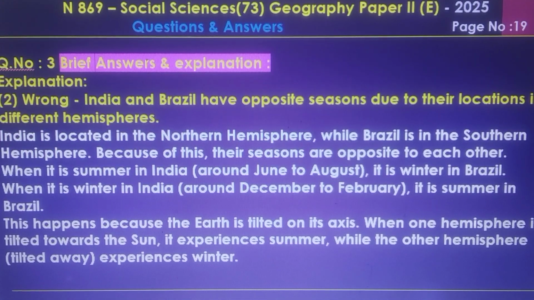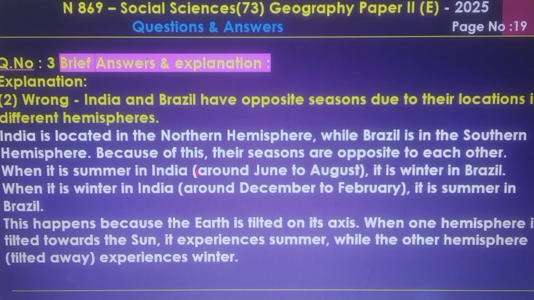The brief answer and the explanation of these questions, the wrong one. India and Brazil have opposite seasons due to their locations in different hemispheres. India is located in the northern hemisphere while Brazil is in the southern hemisphere. Because of this, their seasons are opposite to each other.